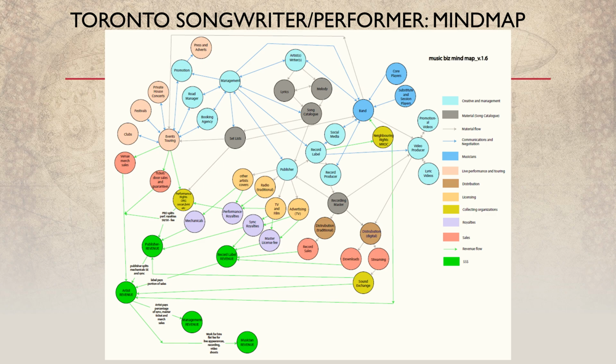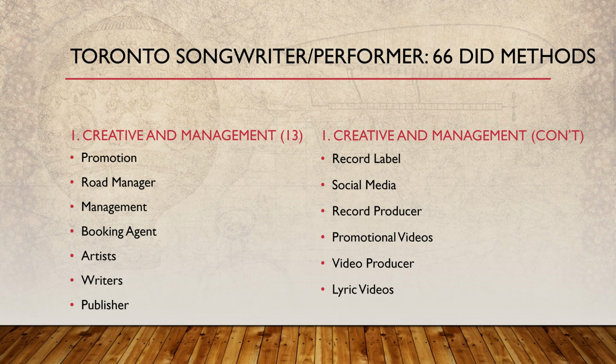We have live performances in pink, distribution in brown, licensing in orange, collecting organizations, revenue collecting organizations in that sort of olive color, royalties in mauve or purple, sales in red, and finally revenue in green. So those are just some broad brush categories that are used to highlight the relationships in this mind map.